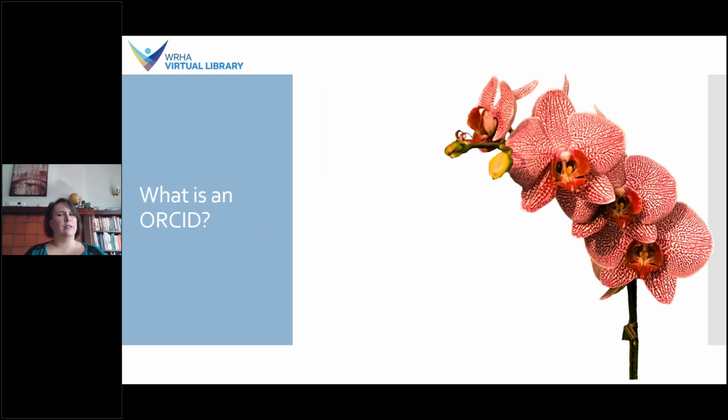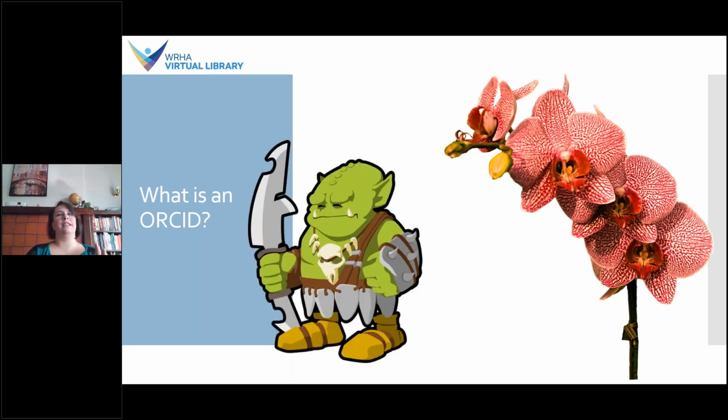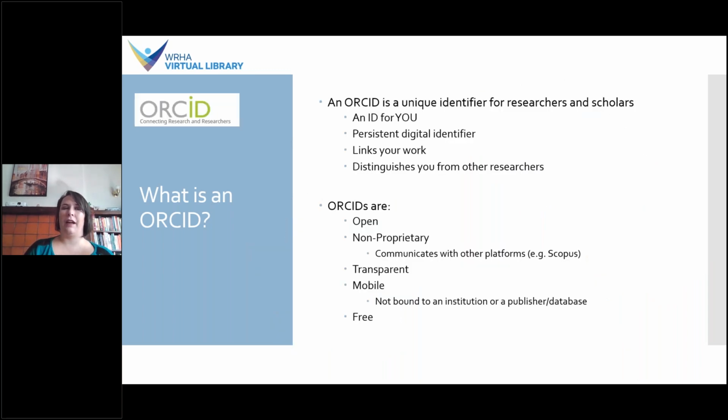So what is an ORCID? Well, we've heard of orchids, and maybe it's an ORCID ID, you know, for an RPG. Unsurprisingly, it's not either of those things, and it is in fact an Open Researcher and Contributor ID. So what is that exactly? It's a unique identifier for researchers and scholars like you.